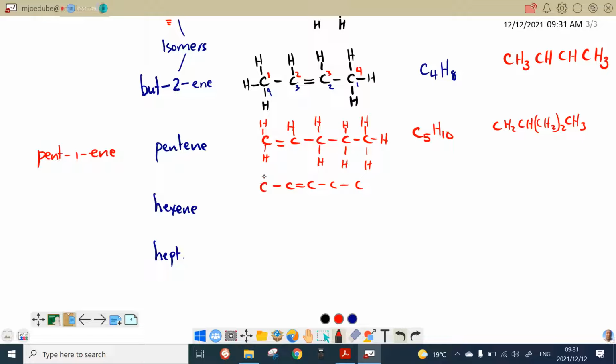So the structural formula would look something like this, with the hydrogens added to each carbon, 1, 2, 3, 4.